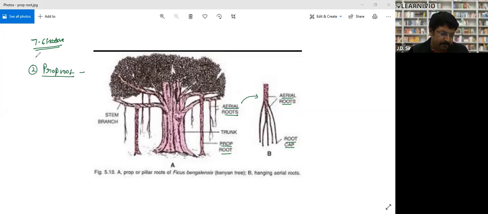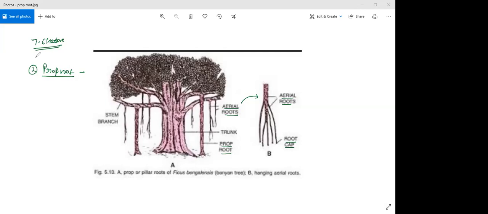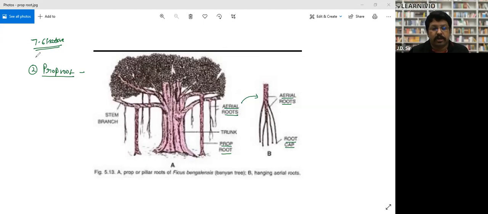They are thick pillar-like adventitious roots. Full stop.